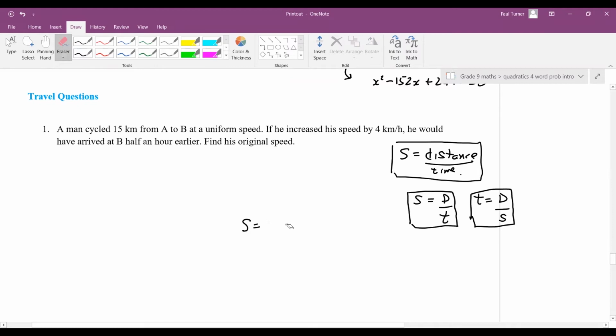So you may be driving 80 kilometers in 2 hours. Okay, so if you go 80 kilometers in 2 hours, if we simplify that, we'll get 40 kilometers per hour.